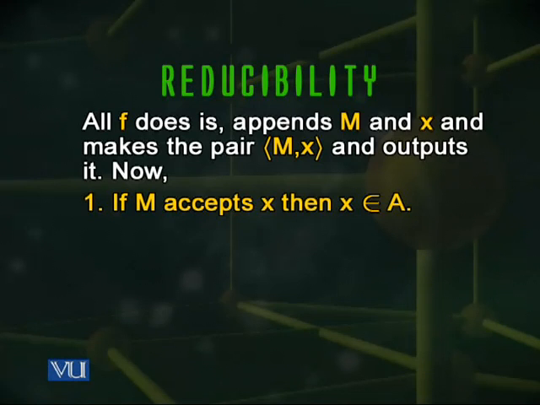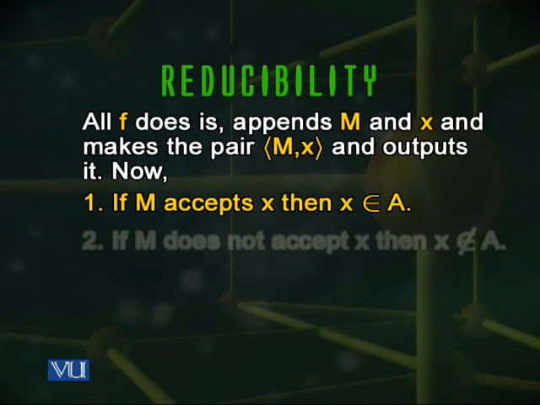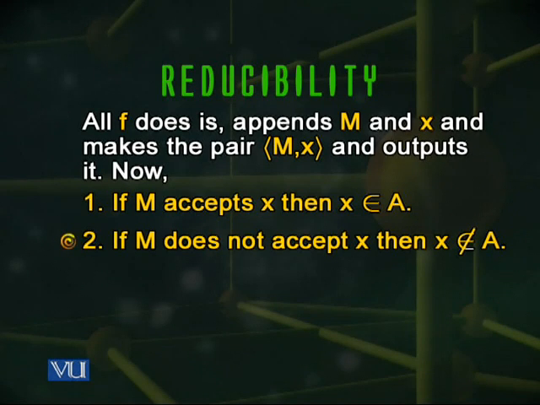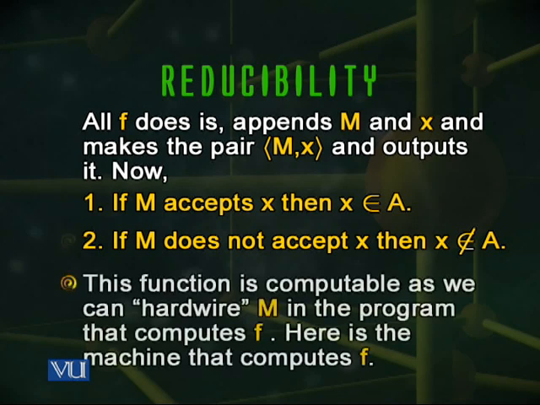Now, if M accepts x, then x is in A, and if M does not accept x, then x is not in A. So what we have here is a mapping reducibility from A to ATM. This function is computable because we can hardwire M into the program that computes f. Here's a machine F that computes this function.